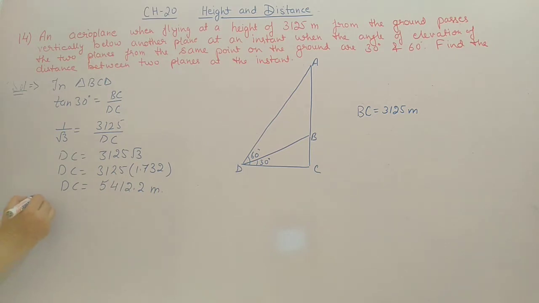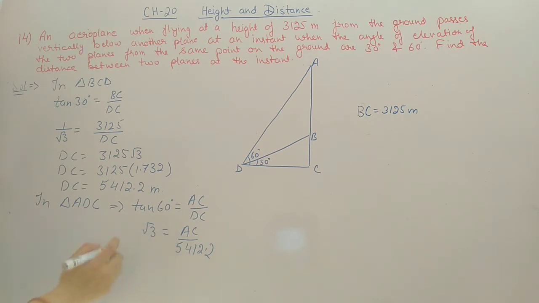In triangle ADC, tan 60 is equal to height, here AC, by DC. The value of tan 60 is root 3. AC we have to calculate and DC we have already calculated, 5412.2.